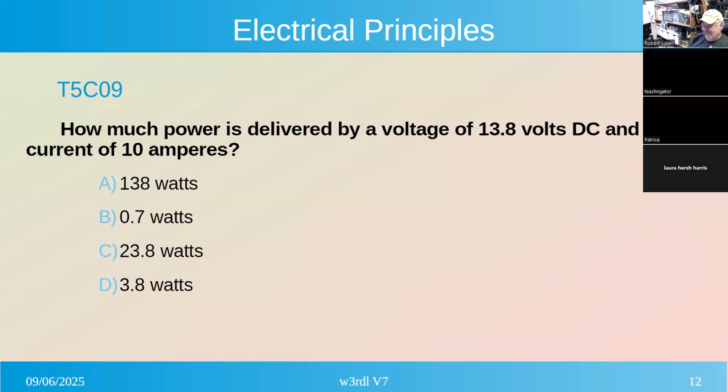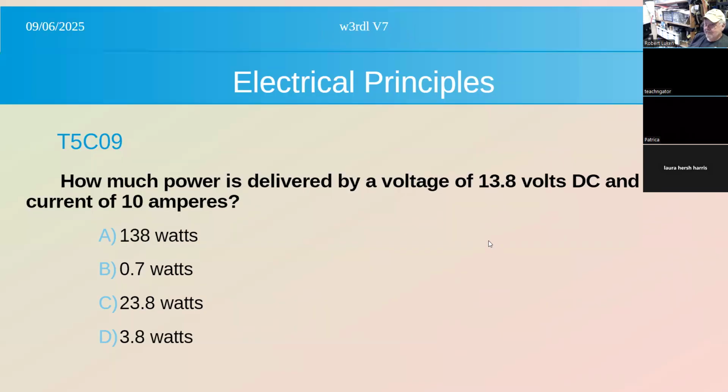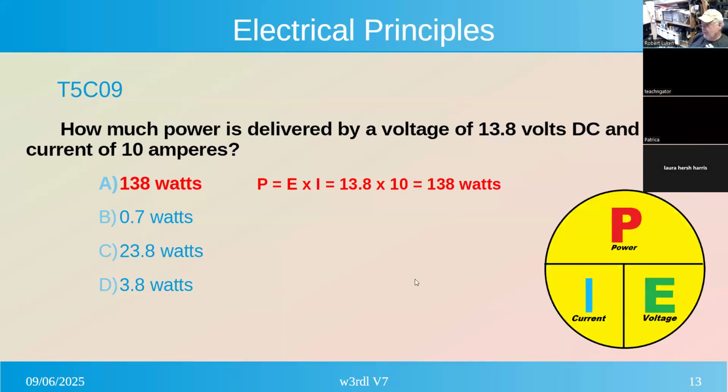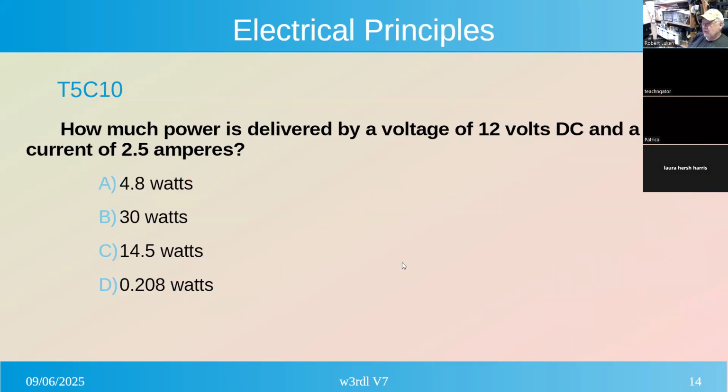Any guesses? Alpha. All right, 138 watts. So how much power is delivered by 12 volts and 2.5 amperes?